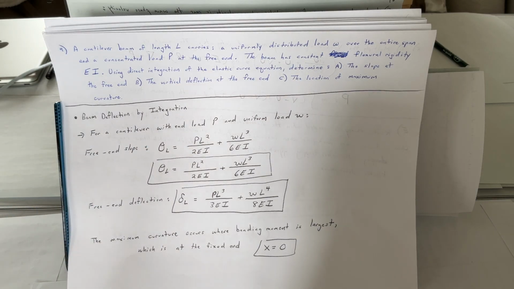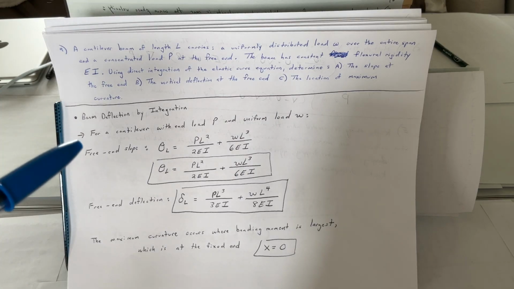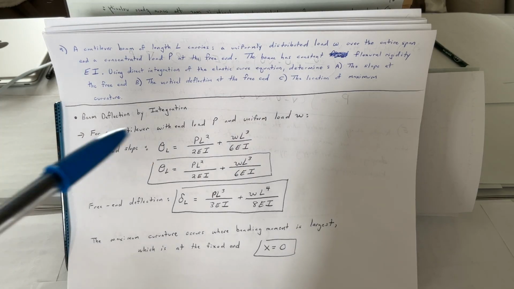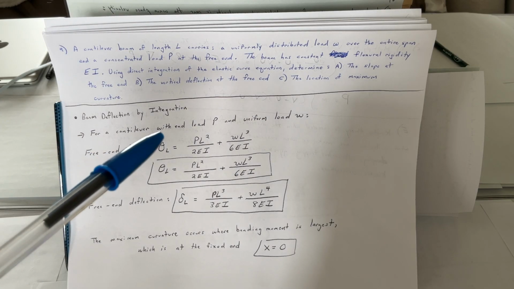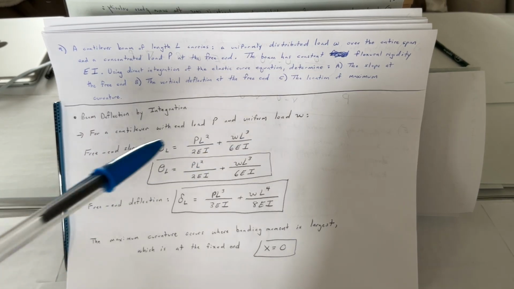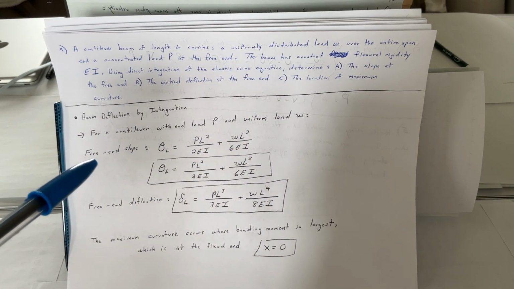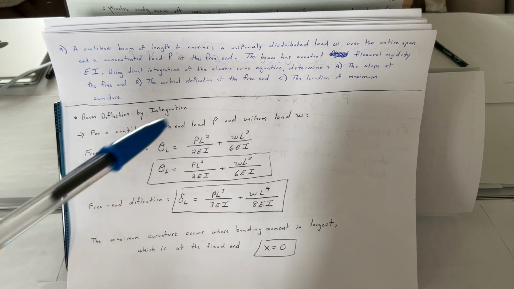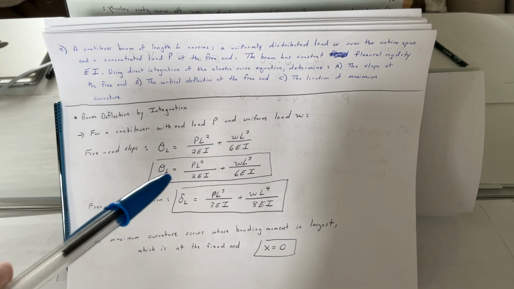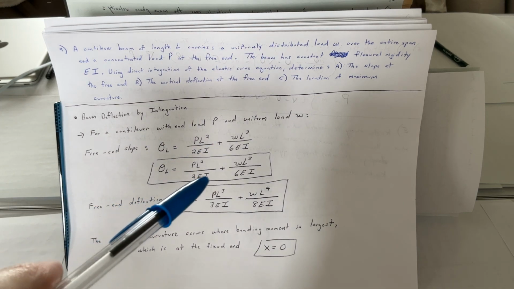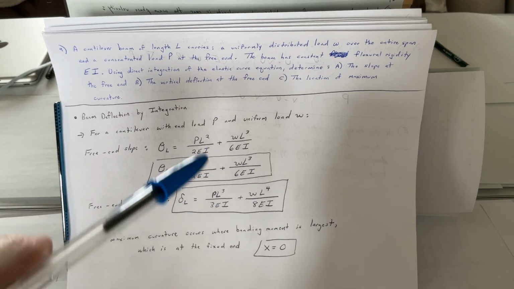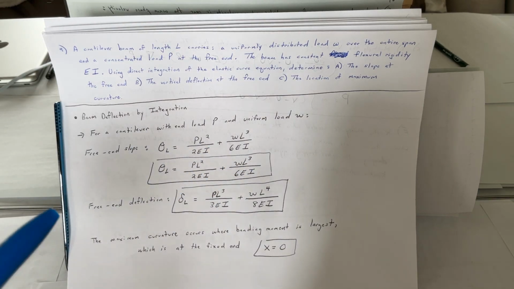Okay, so again, for this I omitted a lot of the computation. Just getting to the ending here, for a cantilever with end load P and uniform load, the free end slope is just going to be theta sub L equals PL squared over 2EI plus this quantity here. So that's your free end slope.